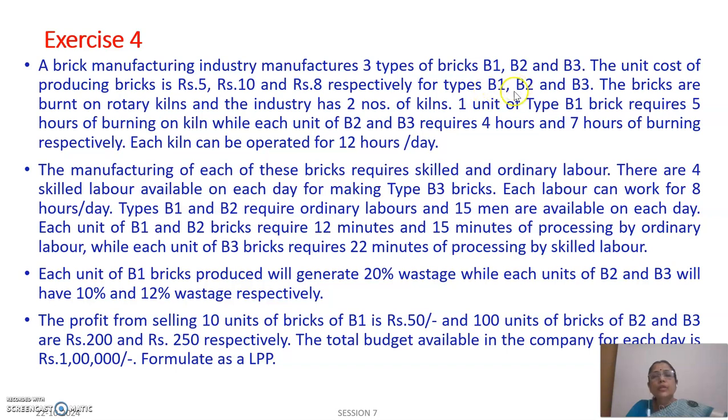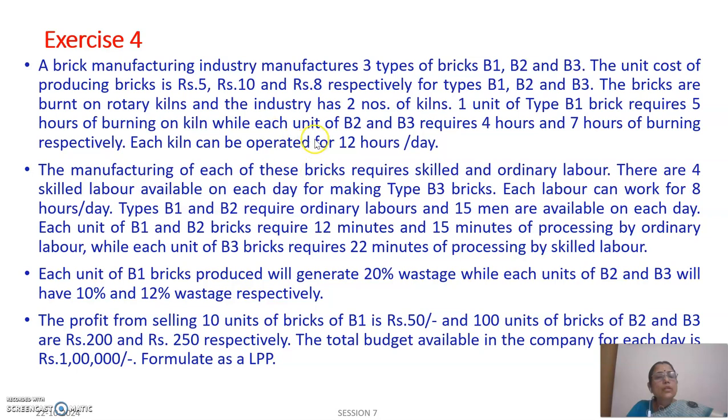The bricks are burnt on rotary kilns, and their availability is two kilns, and 1 unit of each type of brick. Their requirement is given here, and each kiln is operated for 12 hours per day. So this is what is given.